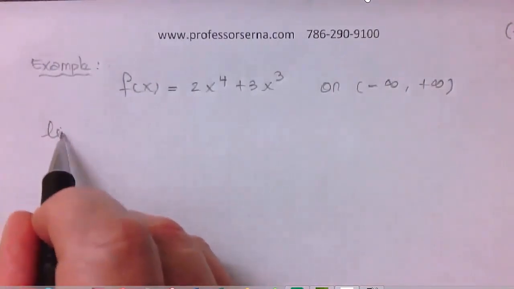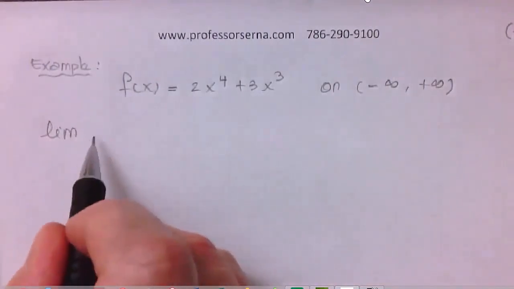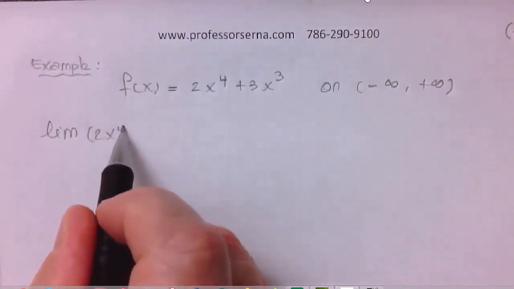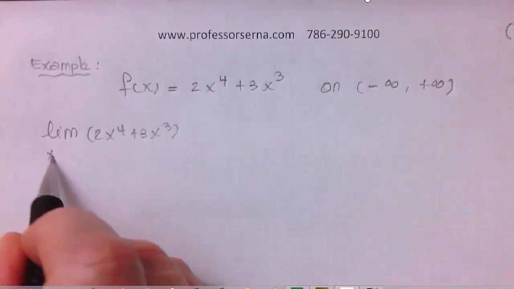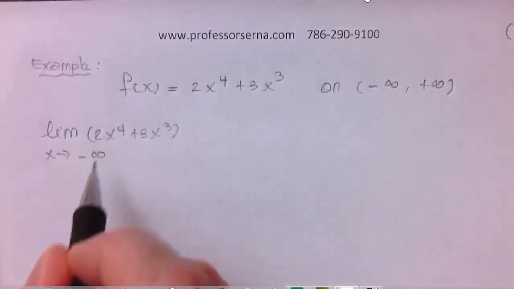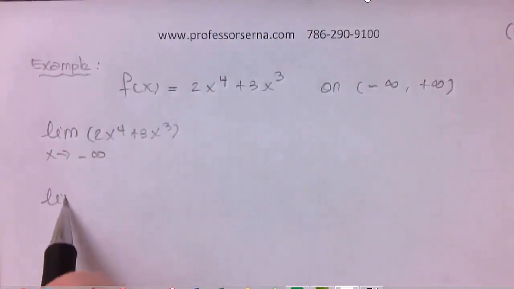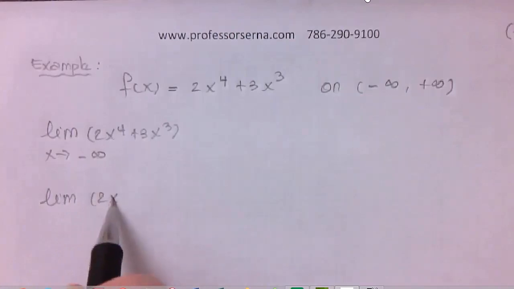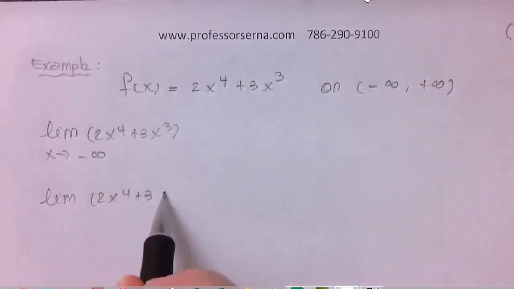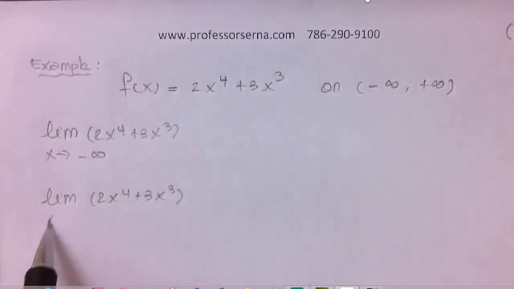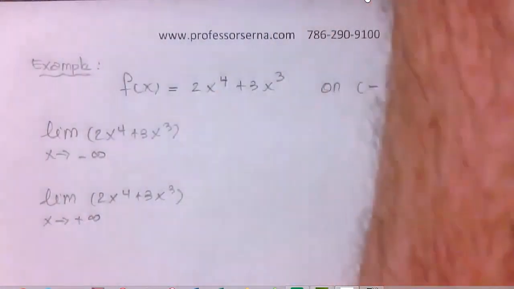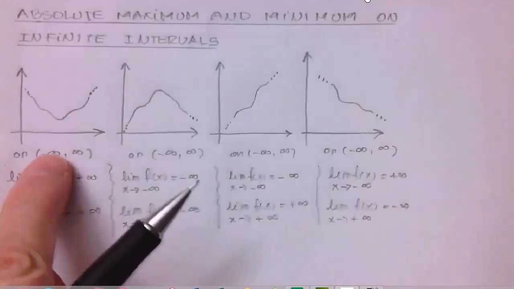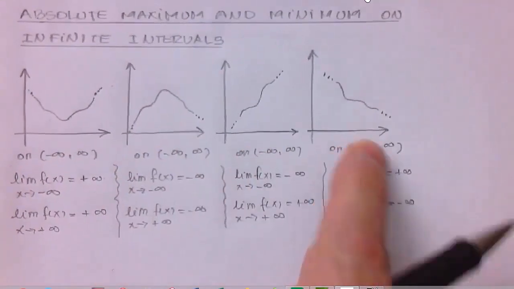Let's calculate the limit of the function when x approaches negative infinity, and also the limit of the function when x approaches positive infinity, I'm sorry. And we will see if what is happening is this, or this.